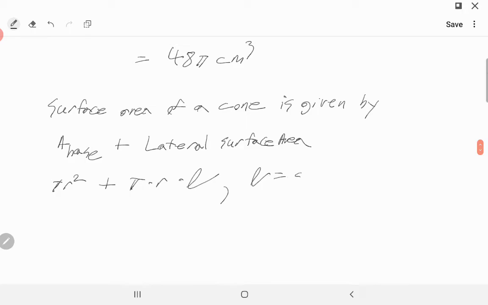L is the slant height. And this we can get from the Pythagorean theorem.